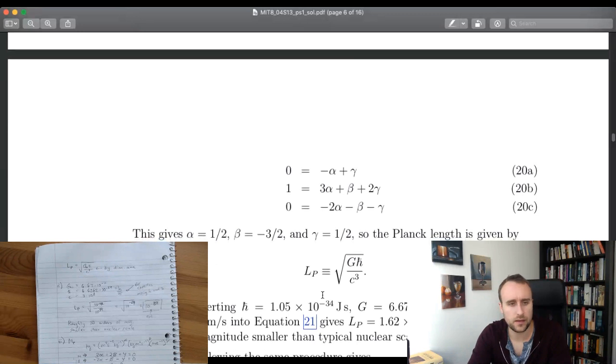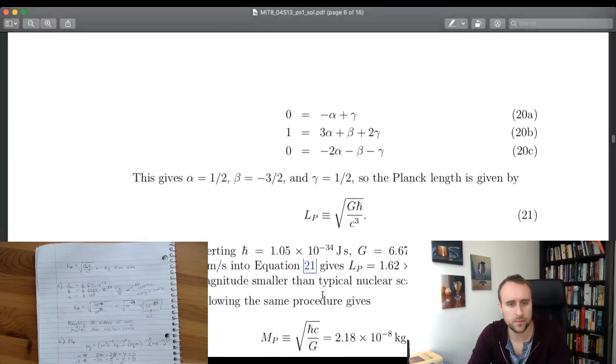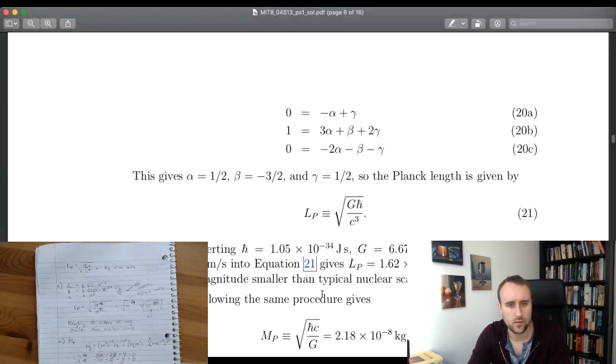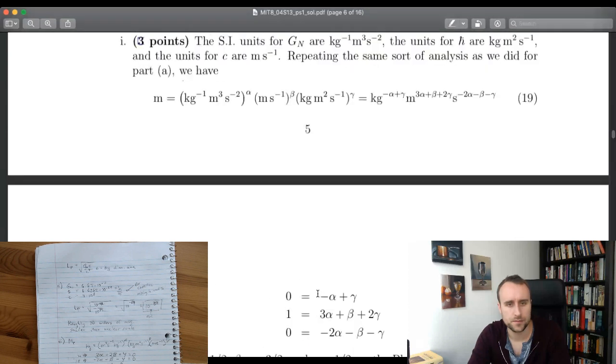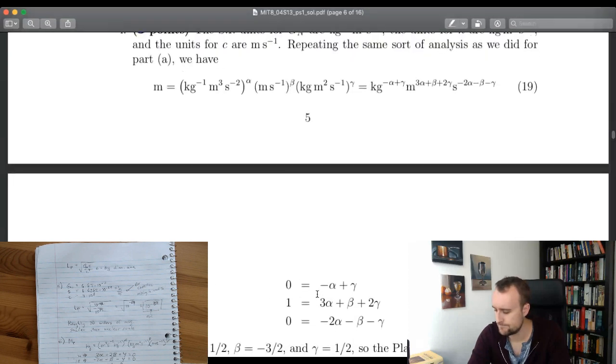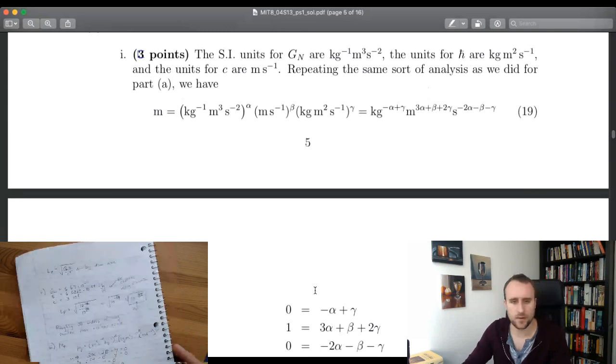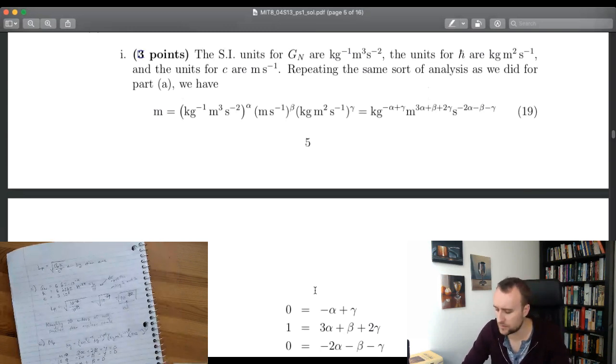Okay, now 3. Why am I screwing this one up? Following the same procedure gives this. So let me just try it again, because maybe I'm missing something obvious here. This is right.